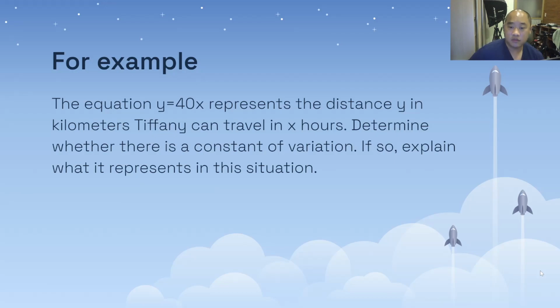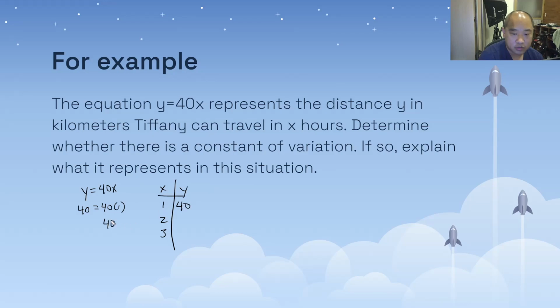So determine whether there is a constant of variation. If so, explain what it represents in the situation. So again, we will put in some different numbers for x and y. So let's just put in 1, 2, and 3. So where x equals 1, it's 40 times 1, which is 40.